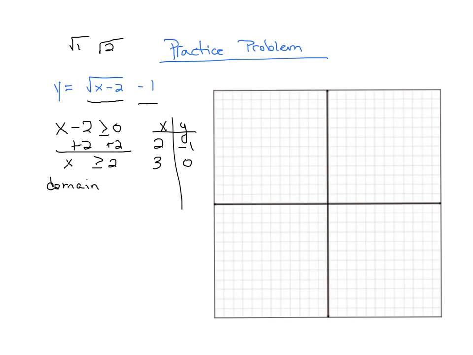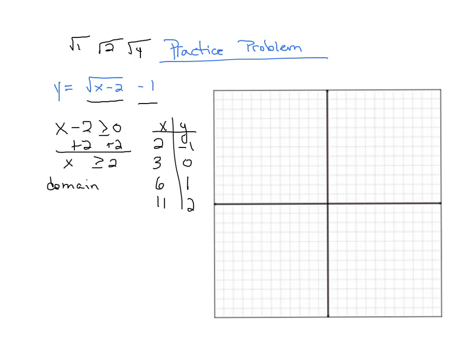Let's try 6. So the square root of 6 minus 2. 6 minus 2 is 4. Square root of 4 is 2. 2 minus 1 is 1. And now we're looking for what would make it 9. So that's 11. 11 minus 2 is 9. Square root of 9 is 3. Minus 1. And then we're looking for the numbers that maybe make it 16.